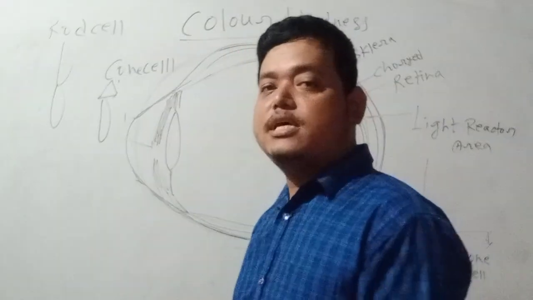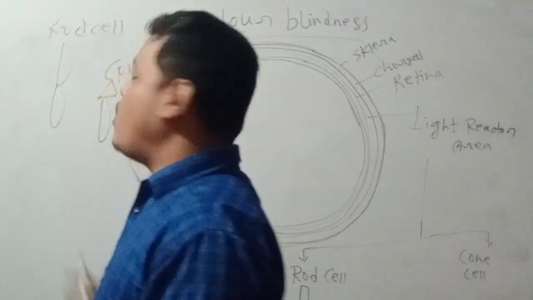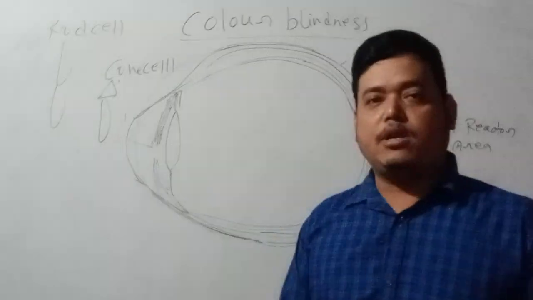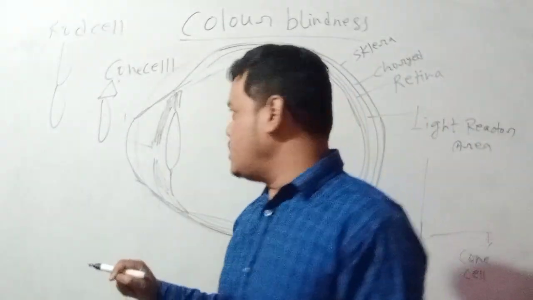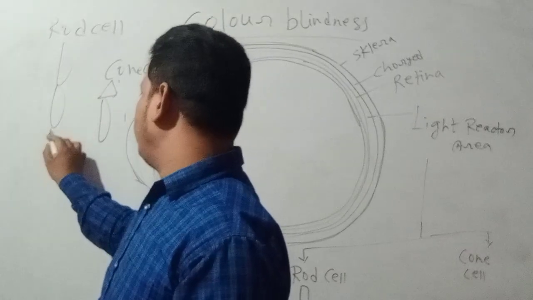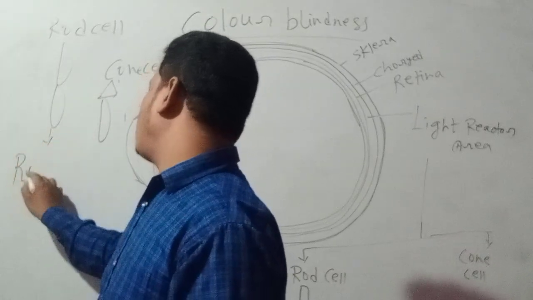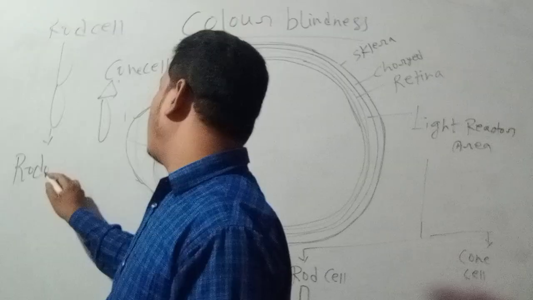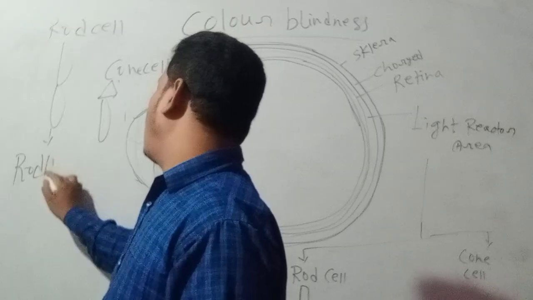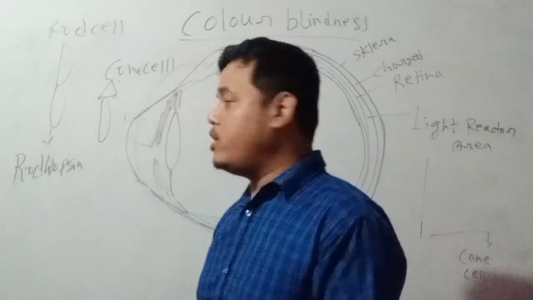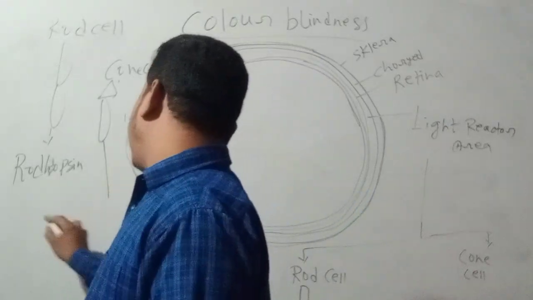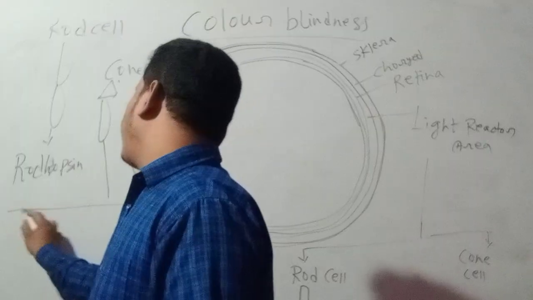Both cells are made of opsin protein, and they have different types of opsin protein. In rod cells, the protein is called rhodopsin. And in cone cells, there are three types of protein.